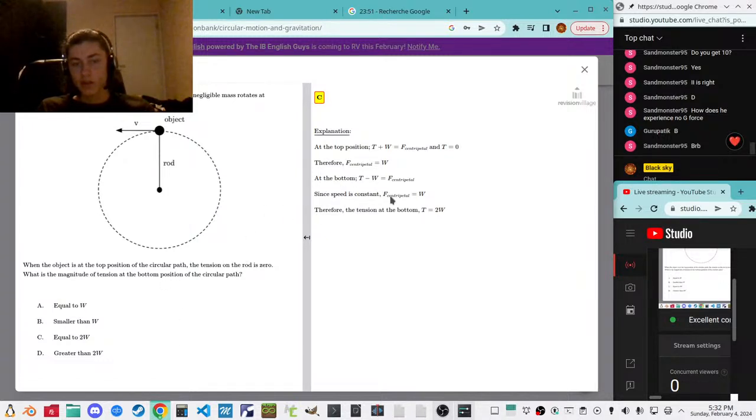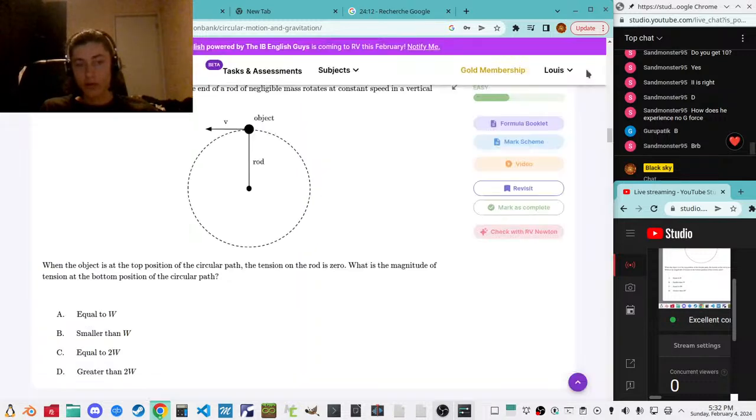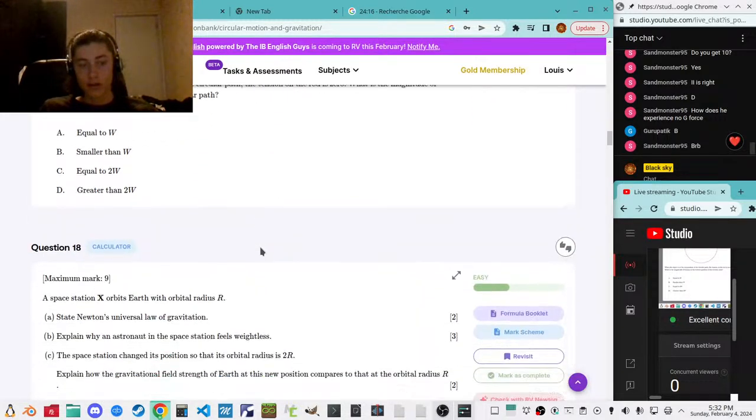Since speed is constant, F is equal, therefore the tension at the bottom, T equals 2W. Okay. Oh, we were looking for the tension as well. Okay.